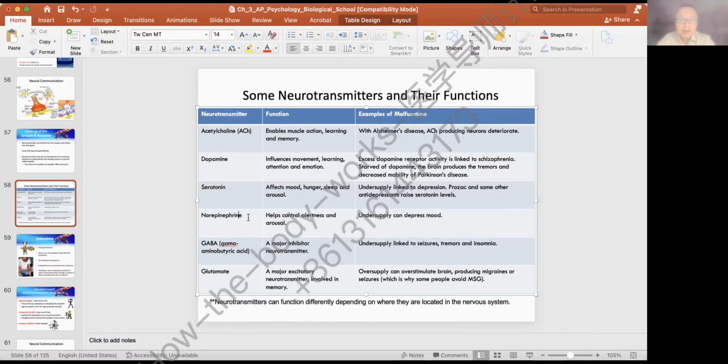And there's norepinephrine. Norepinephrine or epinephrine generally controls alertness and arousal. Just remember one short expression, fight or flight. Fight means you want to fight against your enemy or opponent, and flight means you want to run away, right?